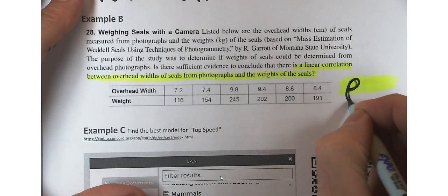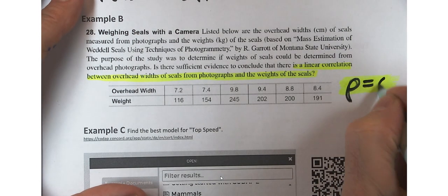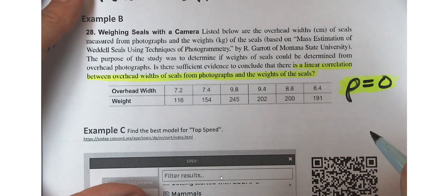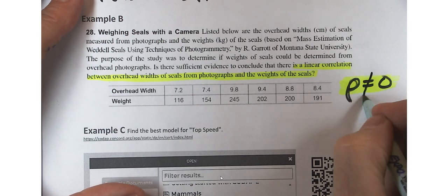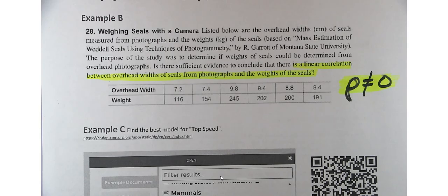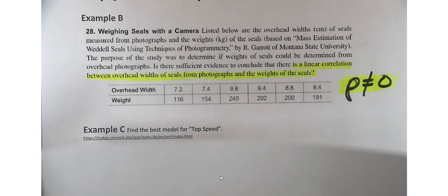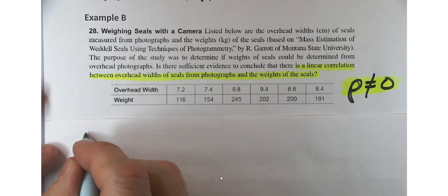Equal to 0 or not equal to 0? Not equal to 0 is really what that's asking. It's like, yeah, we think there is a correlation. Let's find out. Okay, so let's do that. So example B.